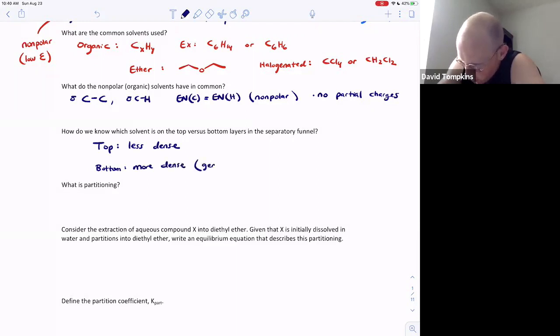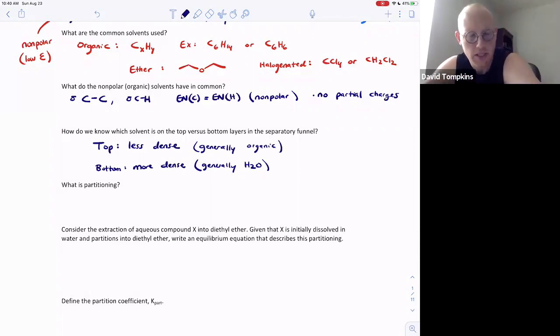Generally, the aqueous layer is going to be more dense than the organic, but that's not always true. There are some exceptions. However, you'll be given the densities if you're asked to determine what's at the top versus bottom layer of this separatory funnel.